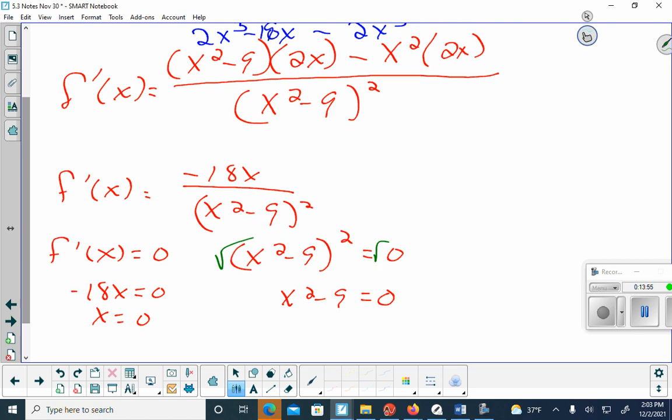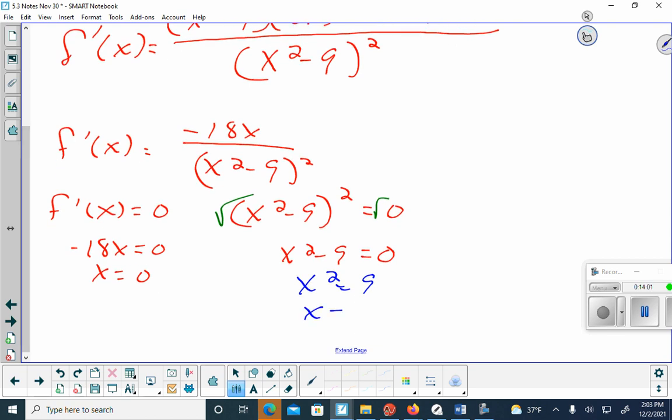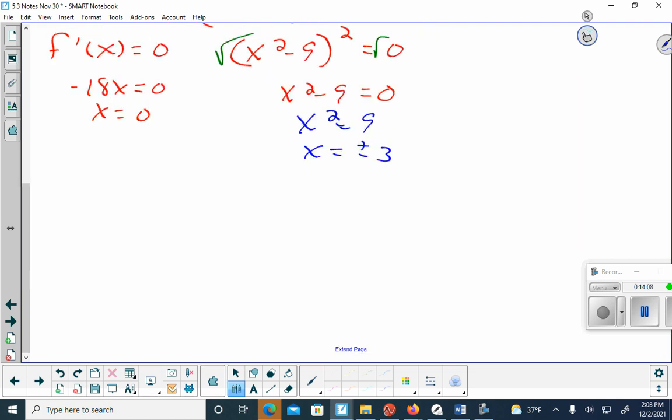Then I'm going to add 9. X squared is equal to 9. So x is equal to plus or minus 3. So I have 3 critical numbers: negative 3, 0, and 3.